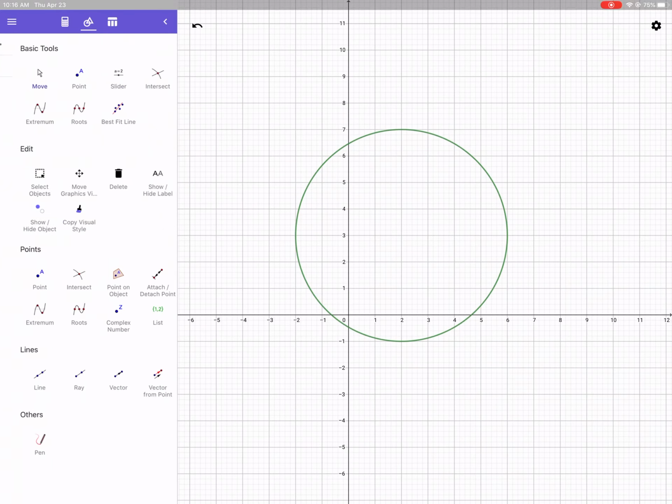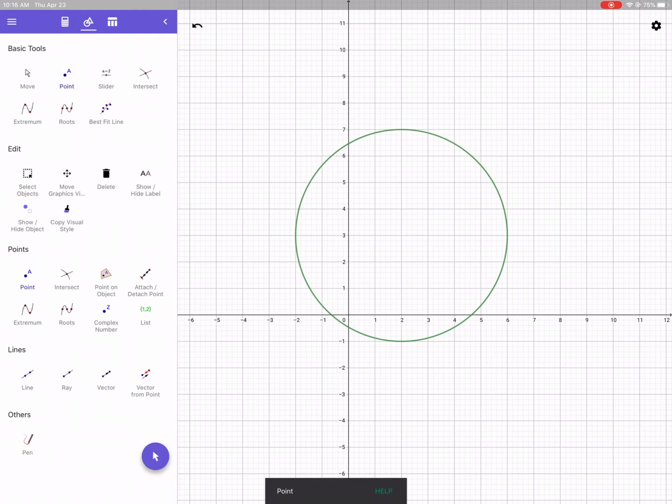You can see the center. Your center is that point (2, 3), and your radius is, now if I were to make a line, I could do vector. They don't let you make the radius anymore, but you can make some sort of line. And you can see the radius is, count the units, 1, 2, 3, 4.